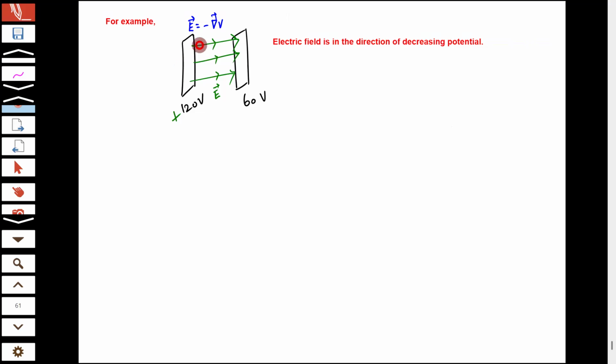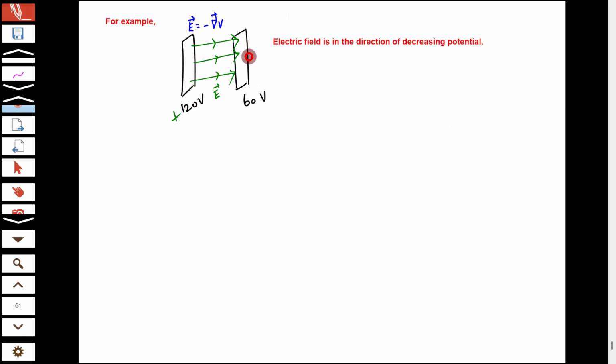For example, if we take two plates, one plate is at positive 120 volts, another plate is at positive 60 volts. In this case, the electric field between the plates will be directed from higher potential to lower potential. That is given by this minus del V.